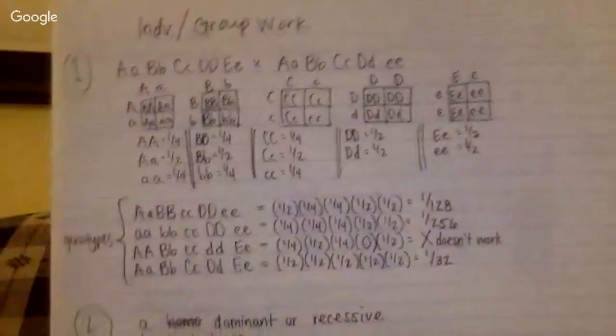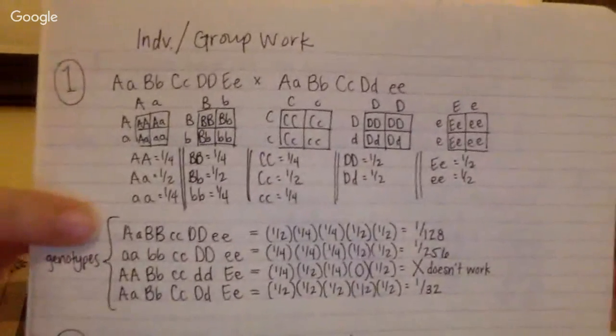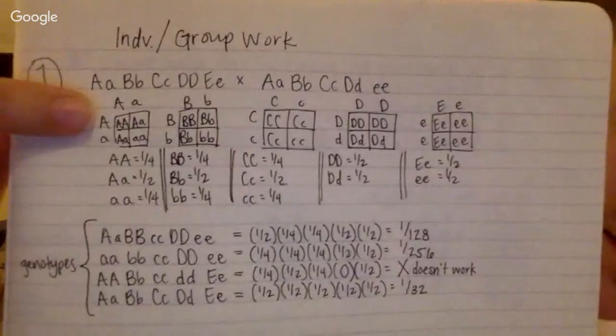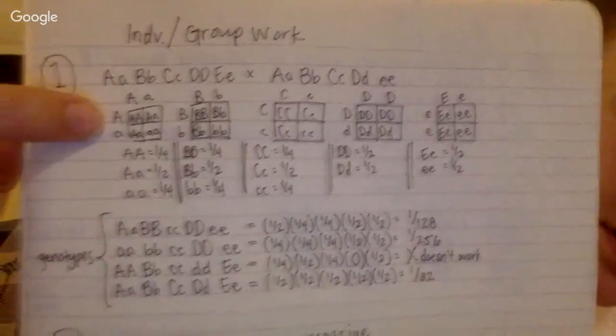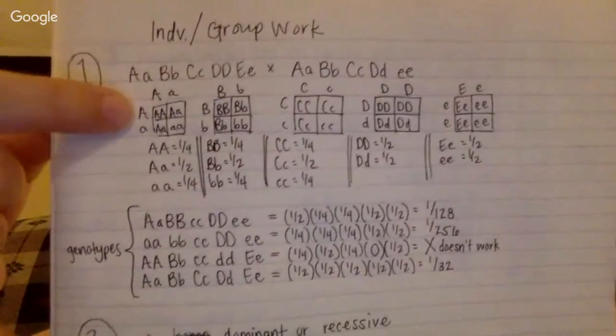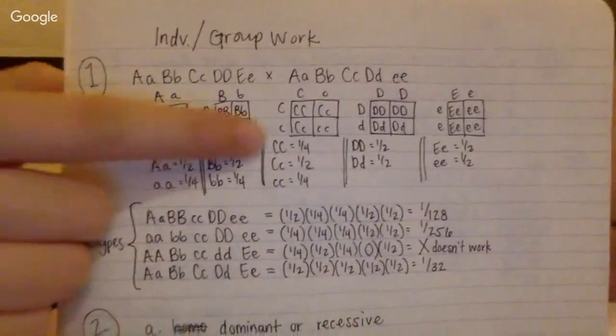And here's the work for it. Up here, I did the crosses. Since they independently assort, the A's go together, and then these are the probability that the A will be with one of these other pairs.